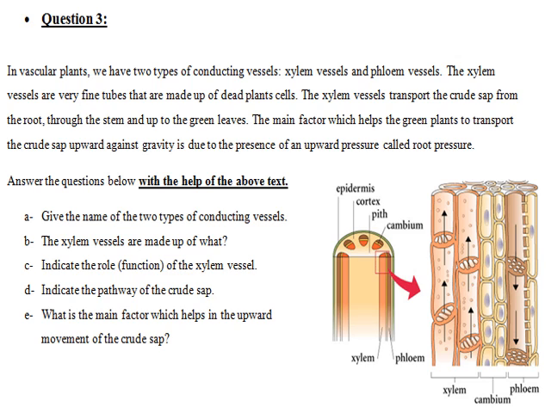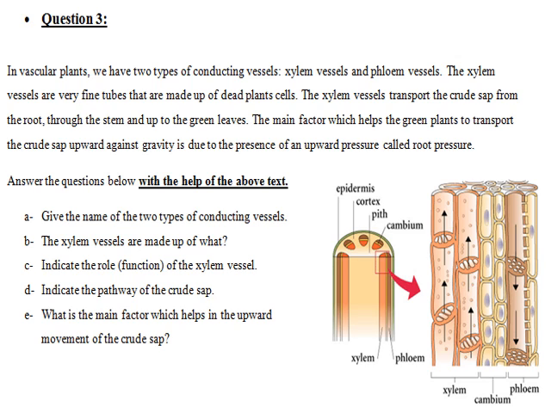Moving to question number 3. In vascular plants, we have two types of conducting vessels. These are called xylem vessels and phloem vessels. The xylem vessels are very fine tubes made of dead plant cells.